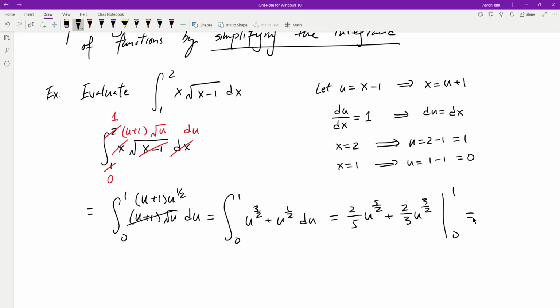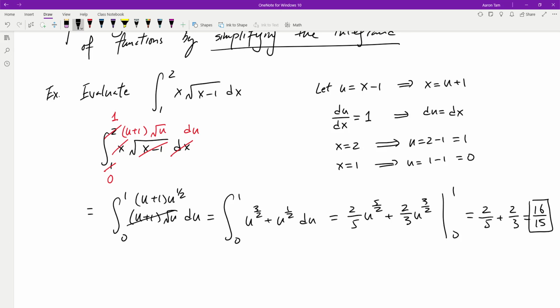Plugging in 0 gives 0. Plugging in 1, I get 2/5 plus 2/3, which is 6 plus 10 over 15, so 16/15. That's my answer. Pretty good. So hopefully you remember how to do this.